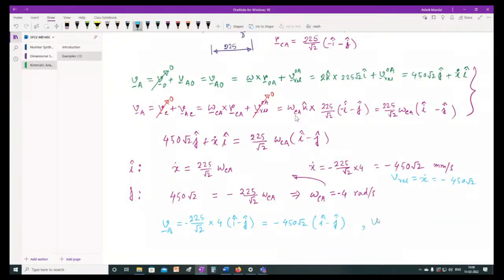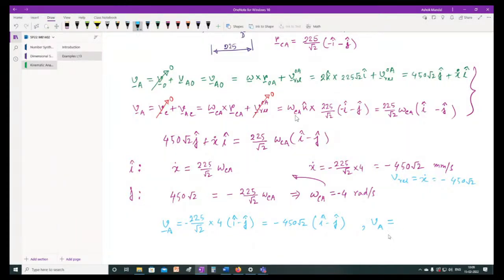So what is the value of the velocity? Just magnitude. कितना होगा magnitude? 900, sir. -900. Minus 900 has no meaning.